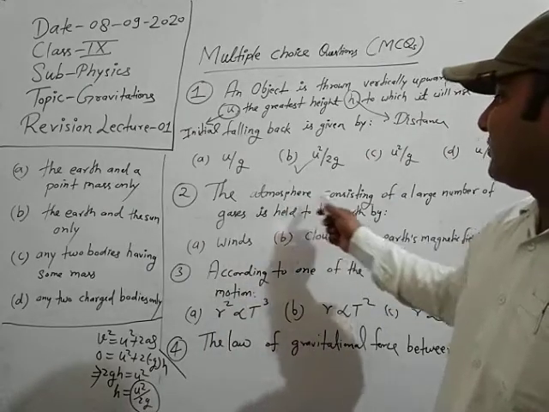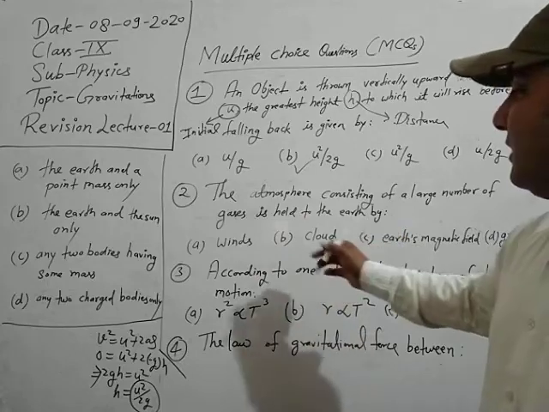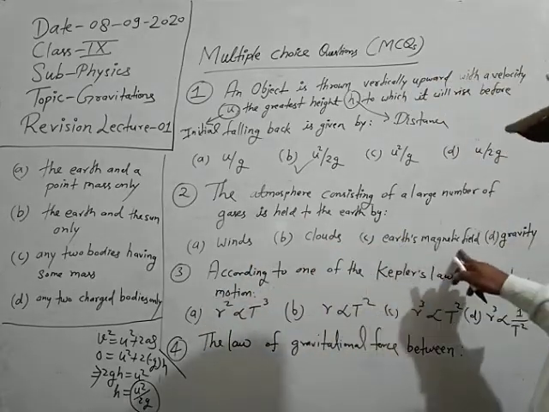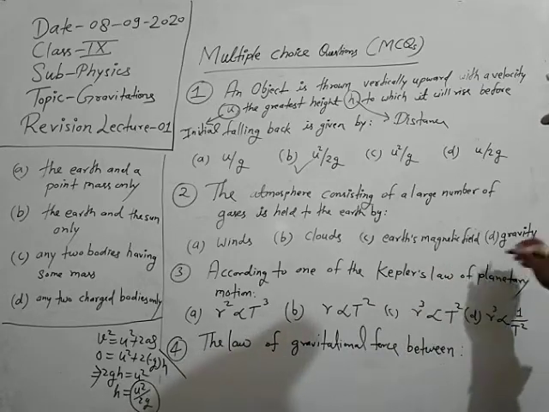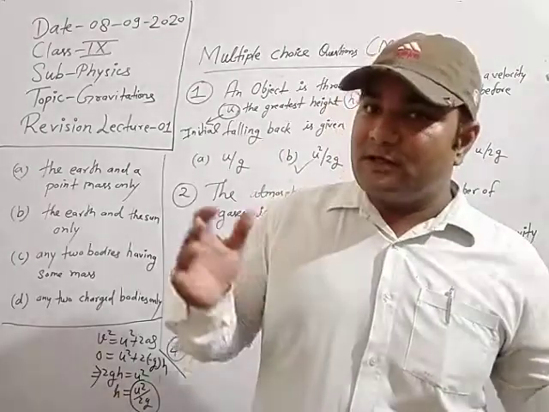Clear? Next, the atmosphere consisting of a large number of gases is held around the earth by winds, not possible; clouds, also not possible; earth's magnetic field, no chance; last one, gravity. This is the correct answer, because gravity is the concept of Newton's law of gravitation.